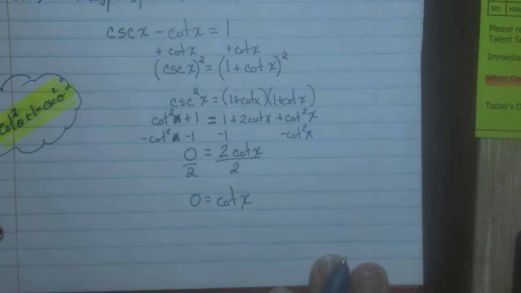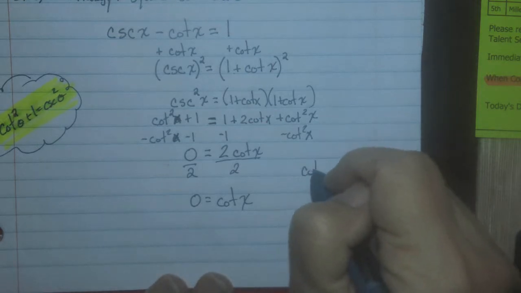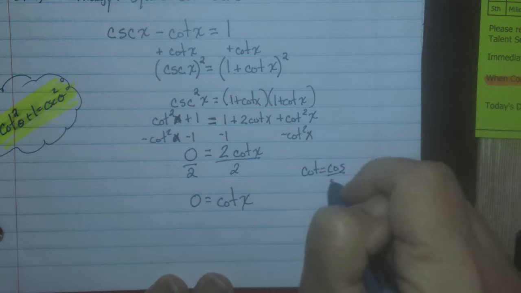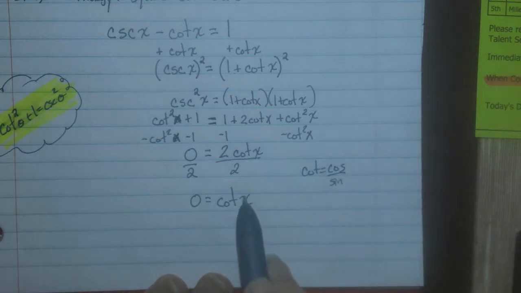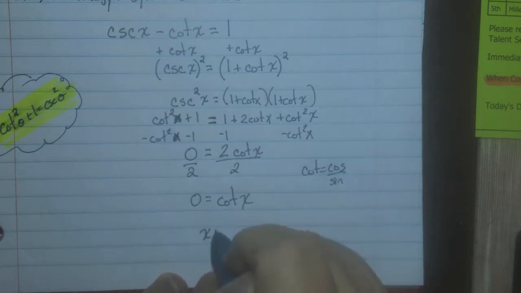Now, if you took your video notes and you have that little table, that can be very helpful for these problems. Or you can also look at your unit circle. Cotangent is cosine over sine. So cotangent is 0 whenever cosine is 0. So if the cotangent of x is 0, what does x have to equal?